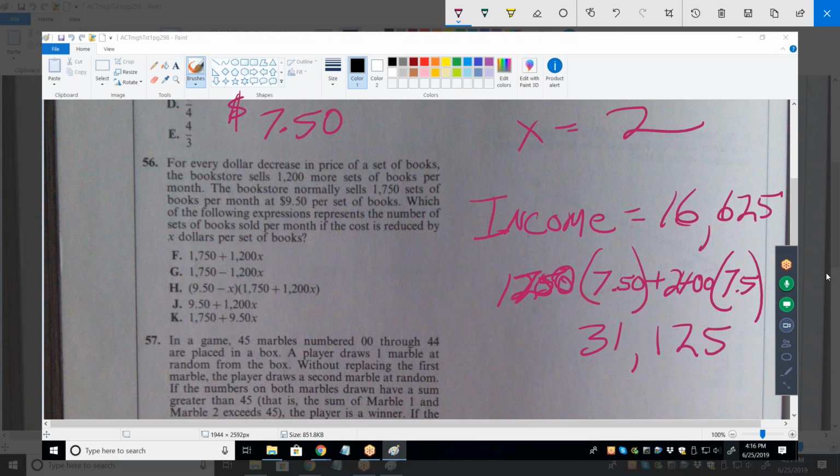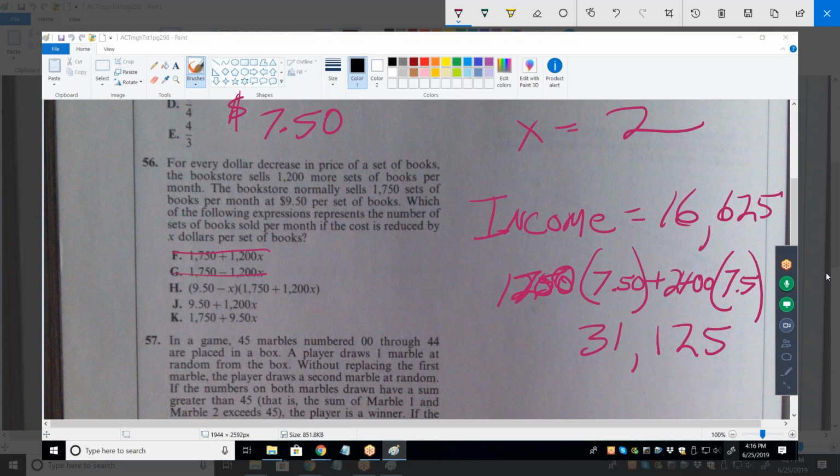Now what we have to do is go over to the left, to all 5 answers, and substitute 2 for x until we get that answer. 2,400 plus 1,750, that does not give us that answer.